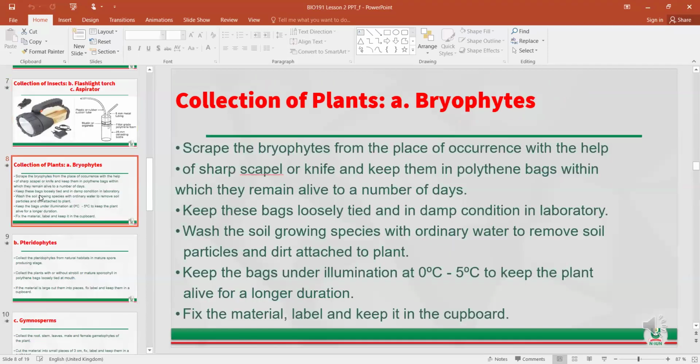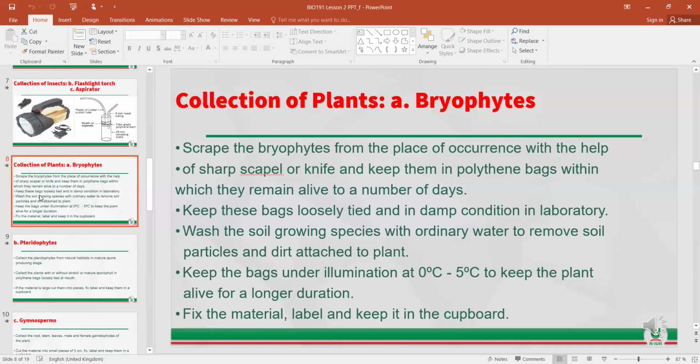Talking of the collection of plants, first we look at the bryophytes. We scrape the bryophytes from the place of occurrence with the help of a sharp razor, scalpel, or knife and keep them in polythene bags, within which they remain alive for a number of days. We keep these bags loosely tied and in damp condition in the laboratory.